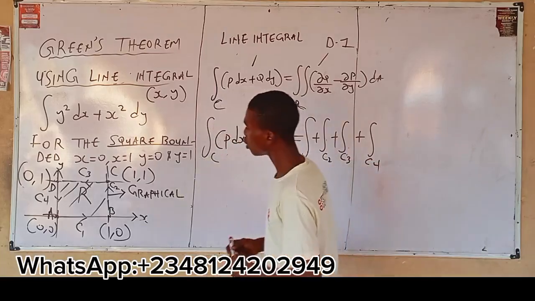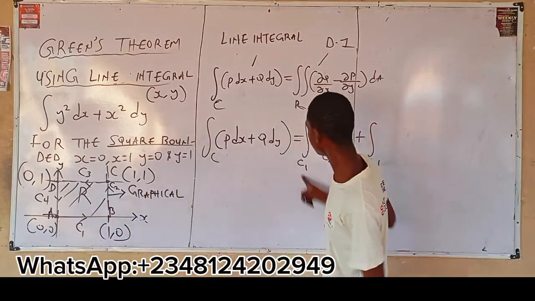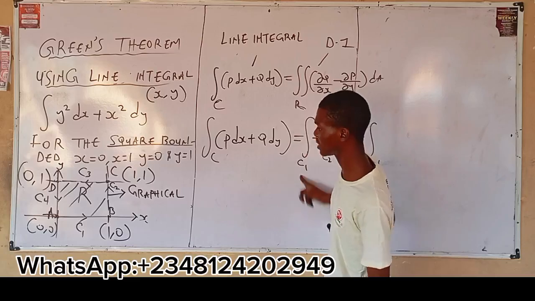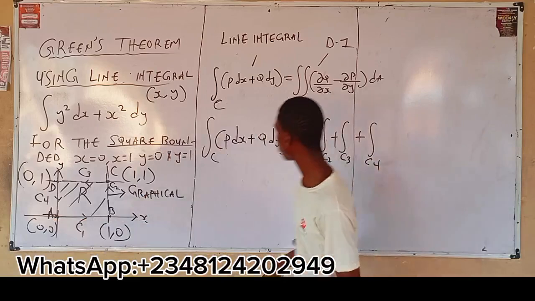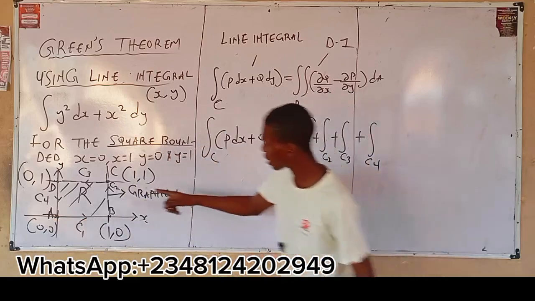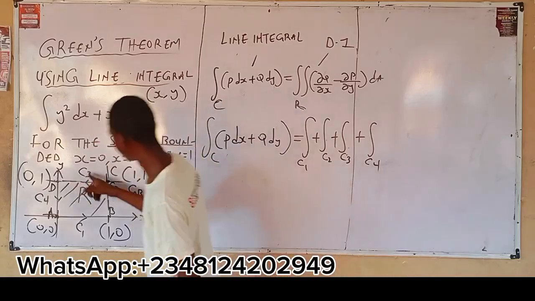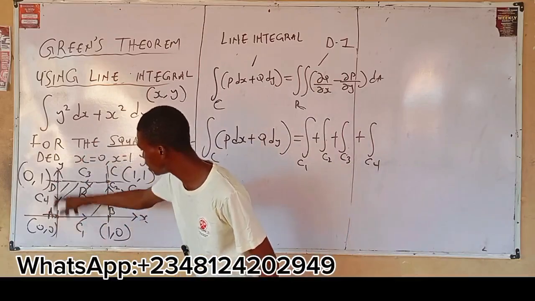So meaning your movement, the way you are going, let's say A to B, this is C1. You perform the line integral on that segment, on that movement. You also perform the line integral on BC, which is C2. You also perform it on CD, which is C3. And you also perform it on DA, which is C4.